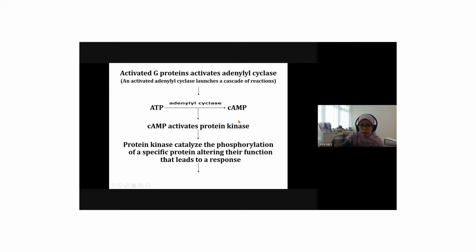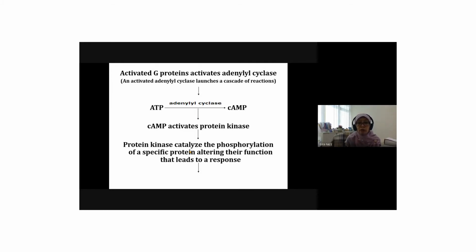And after that, there's going to be another specific protein that is responsible to trigger the cellular response. So before they trigger the cellular response, this protein kinase needs to first catalyze the phosphorylation of that particular protein before it alters the functions and leads to the response.